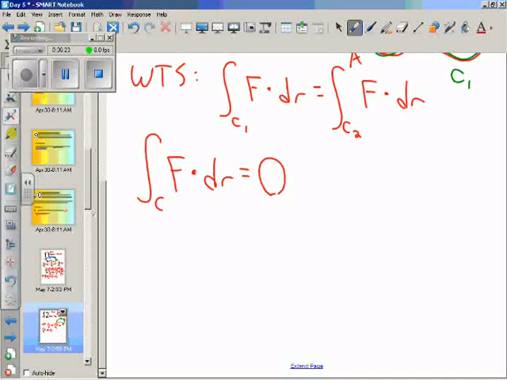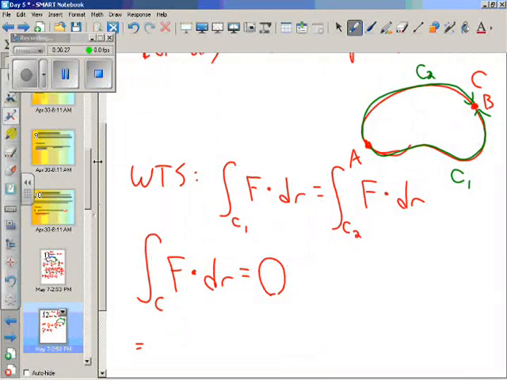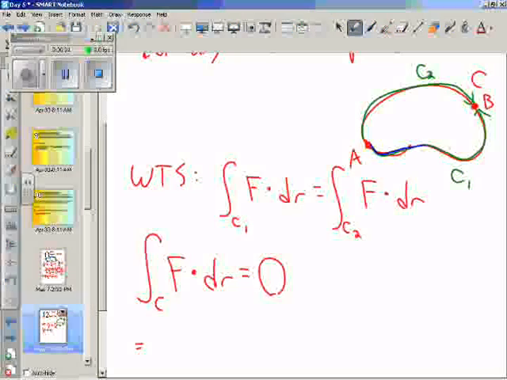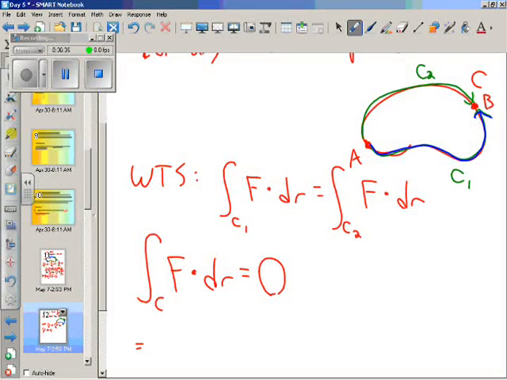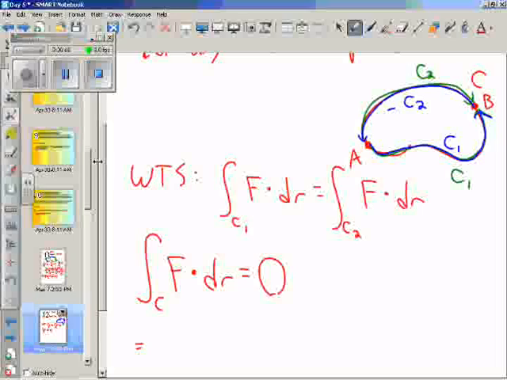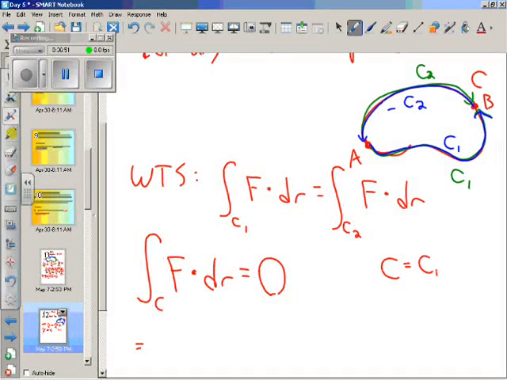And so what we can do is think of breaking up our curve C again. But notice now, we're going to go from A to B along C1, but then we have to take negative C2 to get all the way back to A. So C, in our case here, equals C1 union negative C2.